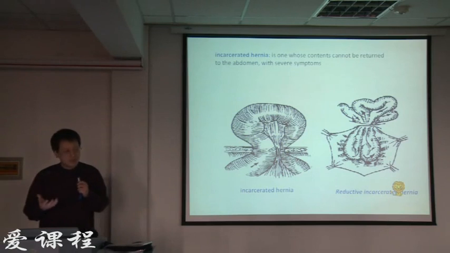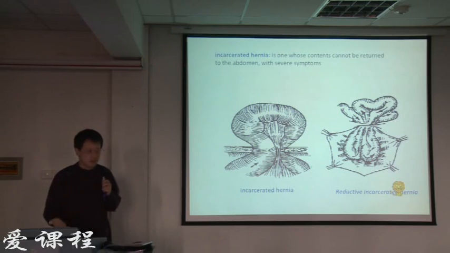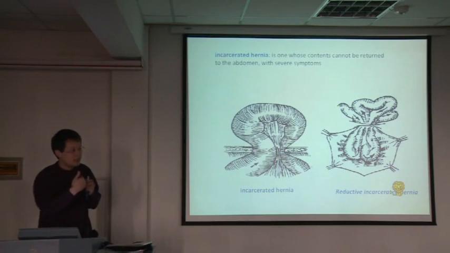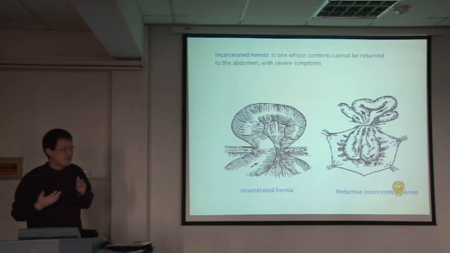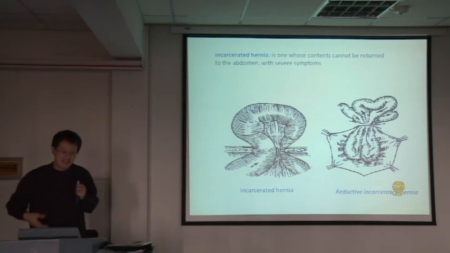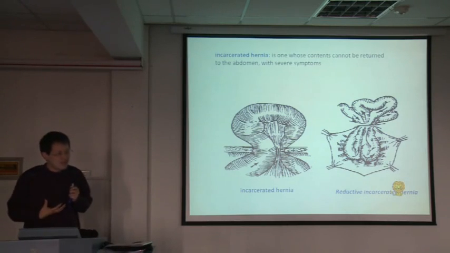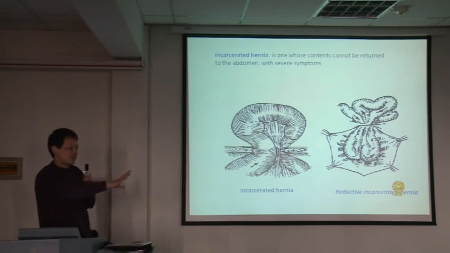This is a question: why will people get bowel obstruction in a hernia? When the hernia defect is very small, the intestine can go out a bit and go back very freely. And sometimes the patient has a situation like a very abrupt cough, or lifting something very heavy, and the pressure in the abdominal cavity increases abruptly, and the contents of the hernia, particularly intestine, are abruptly pushed out.